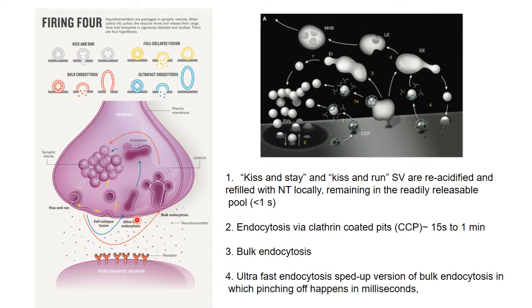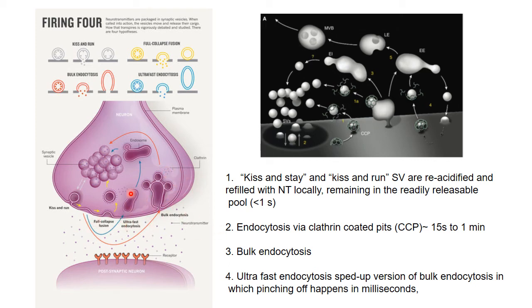In case of full collapse, there are 3 different ways by which those vesicles can be recycled. One is going to be through the clathrin-coated pits, and we are going to talk a little bit more about it because there is most evidence about it. Then there are 2 different ways of endocytosis. For a long time, we knew about bulk endocytosis.